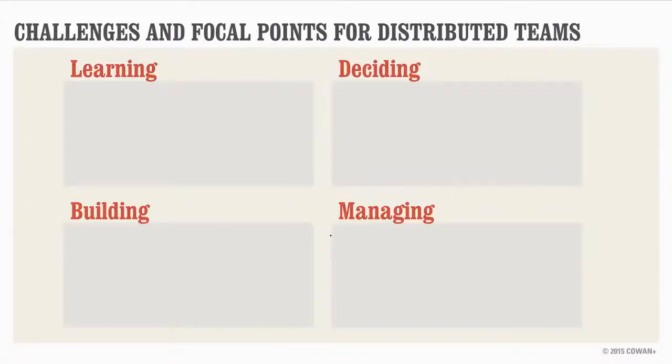So with that said, let's talk about how to make it work if some of your team members are someplace else. And we'll organize this around the four jobs that we have here. On learning, you're going to need to tell and retell your stories. There's a lot of cultural context that these team members will not have.